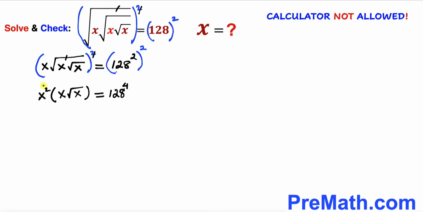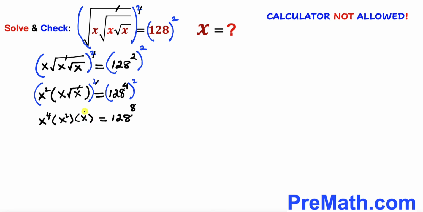Now we take the square on both sides once again. Here we can see this square and square root undo each other. So the square of x square gives us x power 4, then times x square, and then times x is equal to 128 power 4 times 2, which gives us 8.